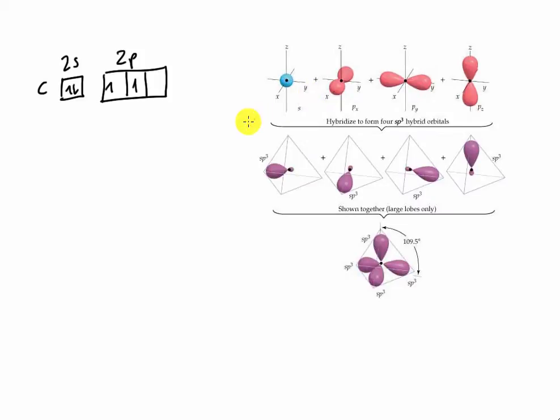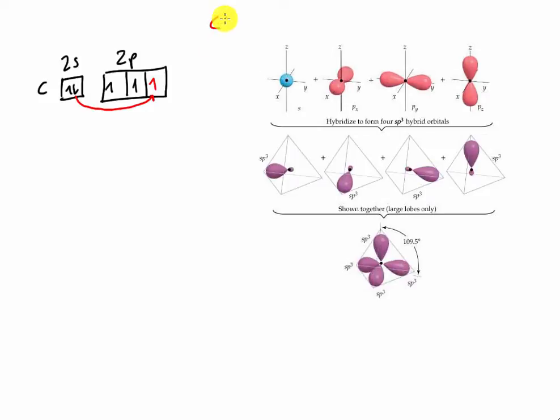Alright, now what happens is, and again, don't worry too much about explaining the origins of all this, but what happens is the electron here gets promoted up to this higher energy level. And remember, electrons are going to need energy to do this. In order to get this electron from a 2s to a 2p, a higher energy, is going to require energy. Where does this energy come from? It comes from the chemical bond itself.